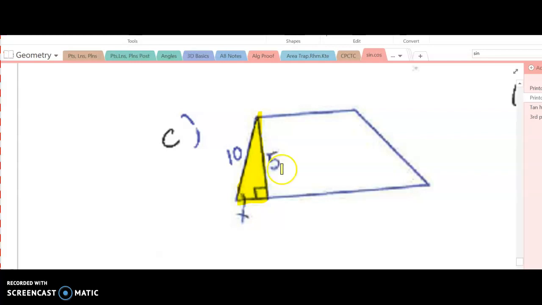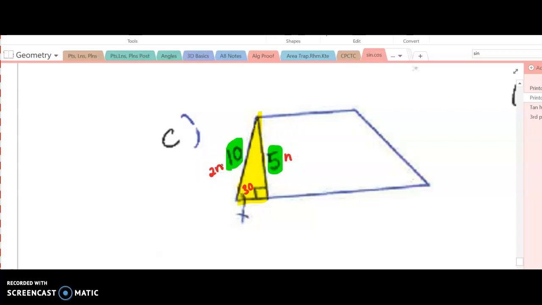On part C, there's actually a cheater's trick. This is opposite and hypotenuse, so you could do that. Did anybody notice, though, that this is double this number? Where have we seen that pattern before? I hope you're thinking about 30, 60, 90, that across from 30 is some number n, and the hypotenuse is 2n.